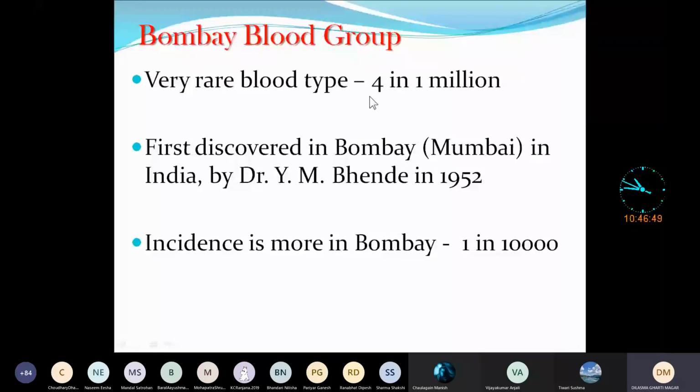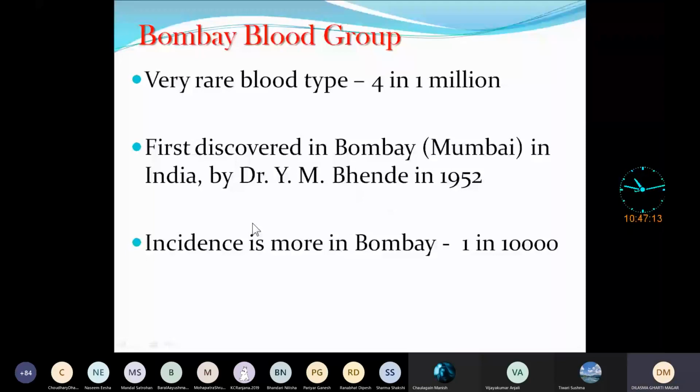Its name was given as the Bombay blood group because it was first discovered in Bombay, or Mumbai as we call it nowadays, in India by the doctor Y.M. Bhende, in 1952.